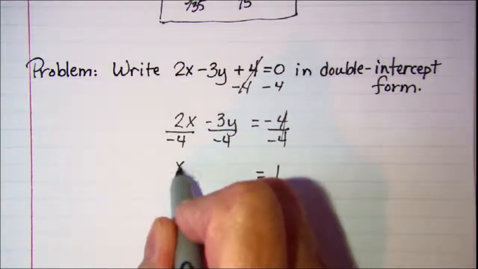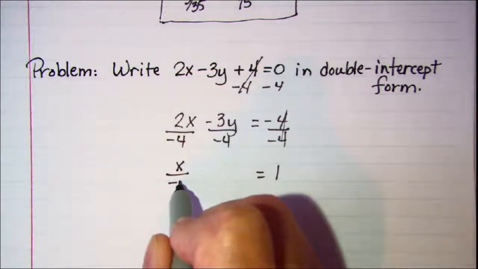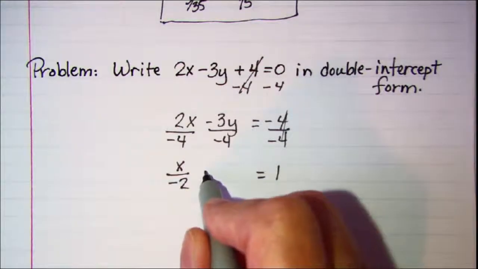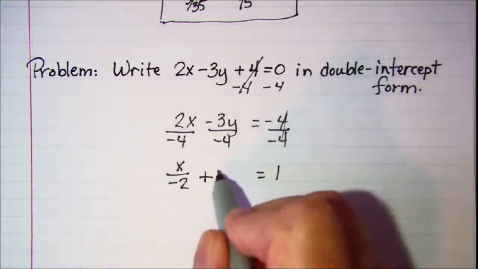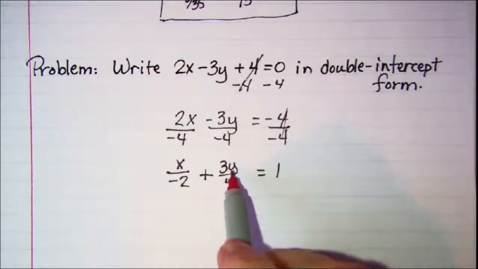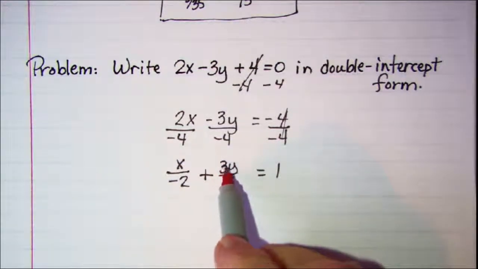So this term simplifies to x over -2. Negative divided by negative is positive, and then I have 3y over 4. I still need to get this 3 off of here because I just want a y up there.